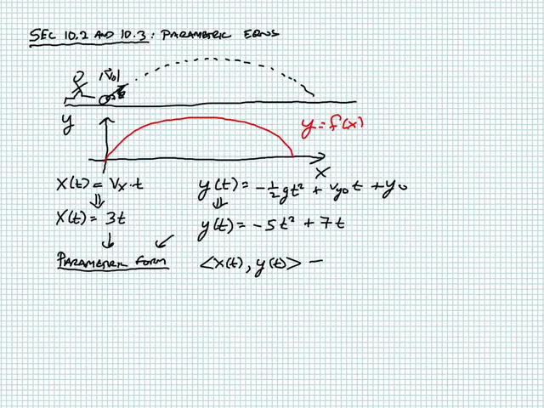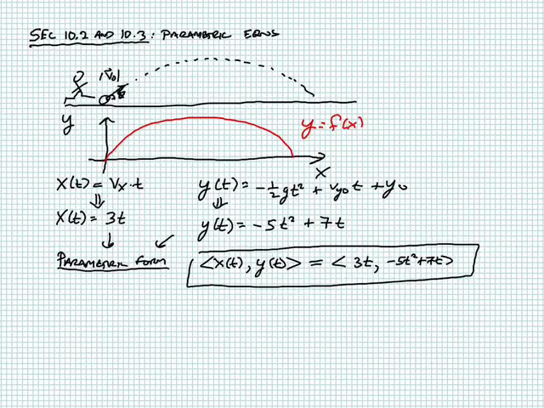So we'll say this is equal to the x value of position, which is 3t, comma, the y value of position, which is minus 5t squared plus 7t. This is a way of communicating our position vector, in units of meters, for time greater than or equal to 0.